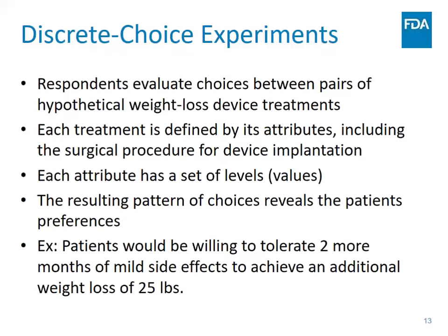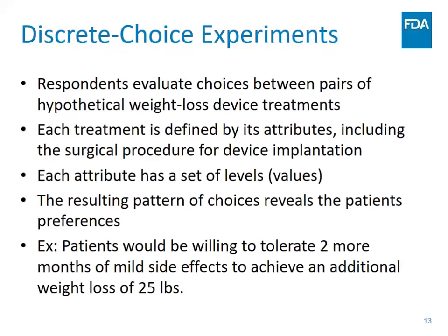Each treatment is defined by its attributes, including the surgical procedure for device implantation. And each attribute has a set of levels or values, for example, the amount of weight loss, the duration of weight loss, and the mortality risk. The resulting pattern of choices made by the patient will reveal their preferences.